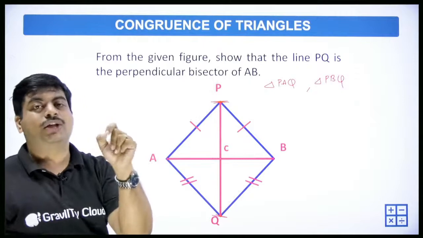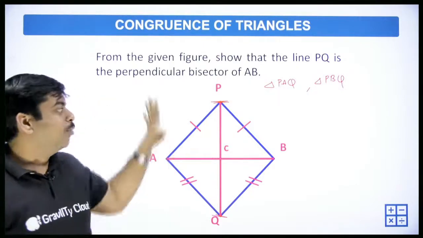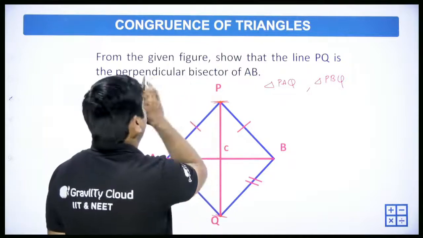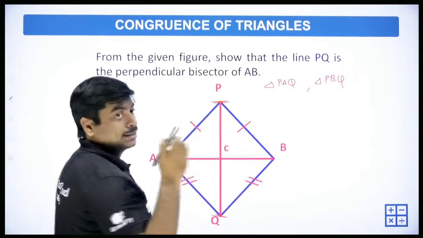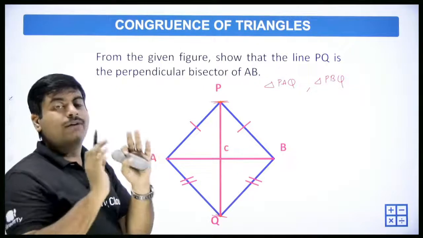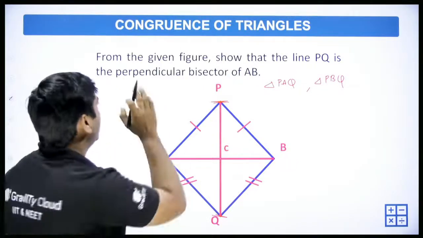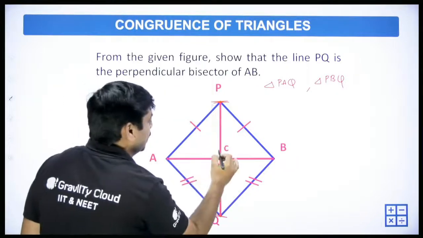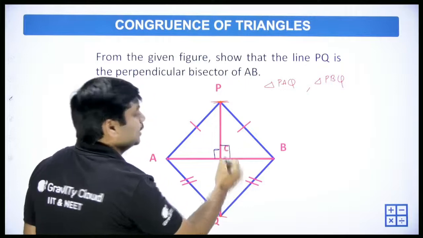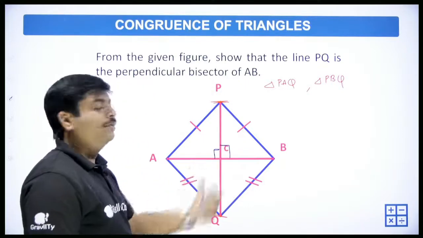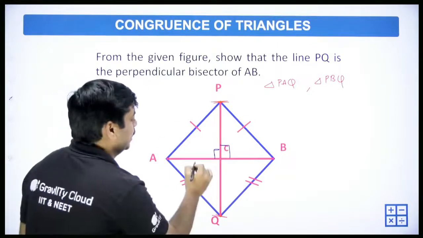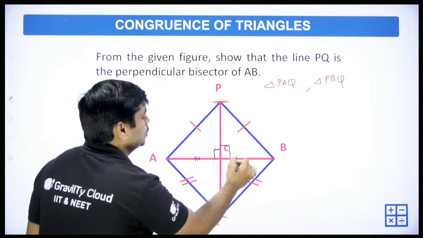But that's not sufficient. Using more applications and more congruencies, you need to understand that this line PQ is the perpendicular bisector. That means you need to prove a few things, which I'm giving you as a take-home task that we are going to discuss in the next class. The perpendicular bisector of AB: this angle and this angle should be 90 degrees, and together they make 180 degrees, and as it is a perpendicular bisector, you should also prove that these two sides are equal.